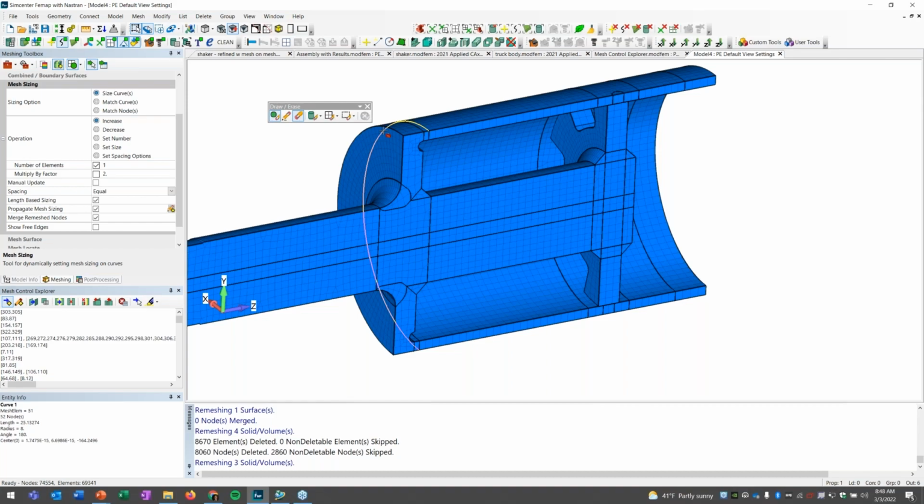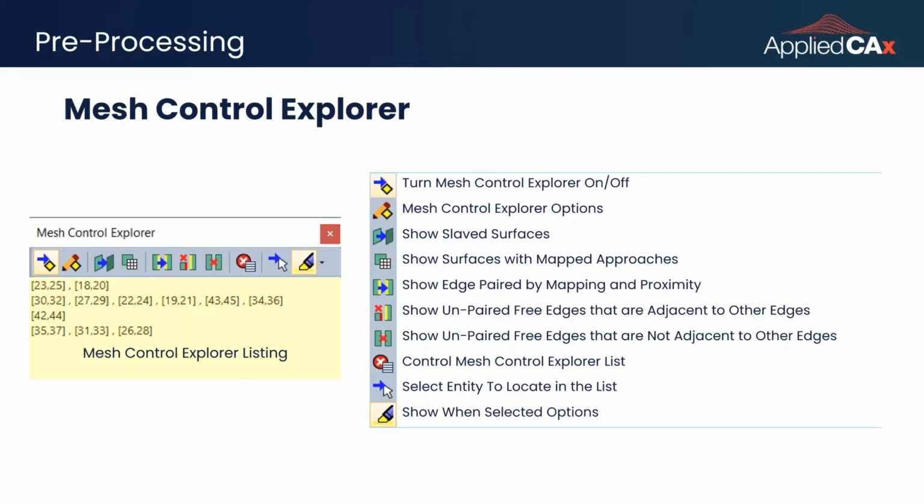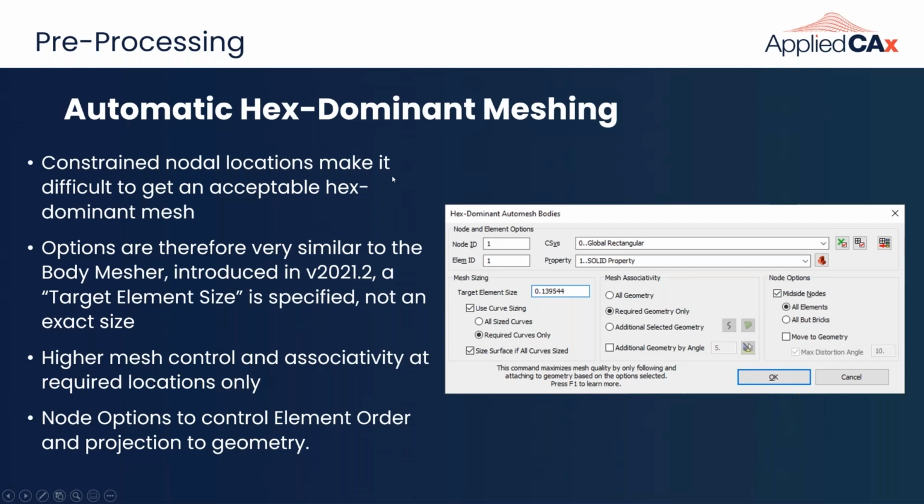But as the Siemens family grows and as they acquire and expand their offerings, they have more technology available to them. And one of the new ones with 2022 is the automatic hex dominant meshing. This came from, I believe, Flow EFD, which is a CFD program.